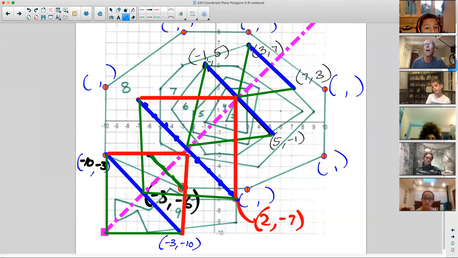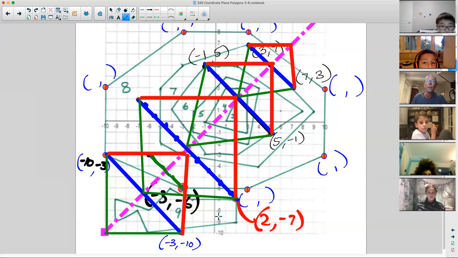What is happening now to each of these? They're becoming squares. Well, some of them are squarish. Or like kite shaped.